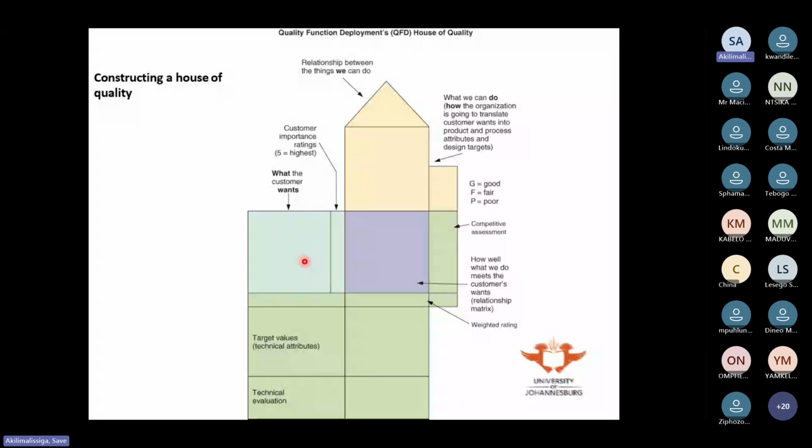That is where the product attribute comes in. Now you are going to provide the elements that you will use in order to satisfy customers' wants. Once you are able to come up with those elements, they are also called the house, right? They can also call them the attribute. So the things that the company is able to do in order to satisfy customers' wants.